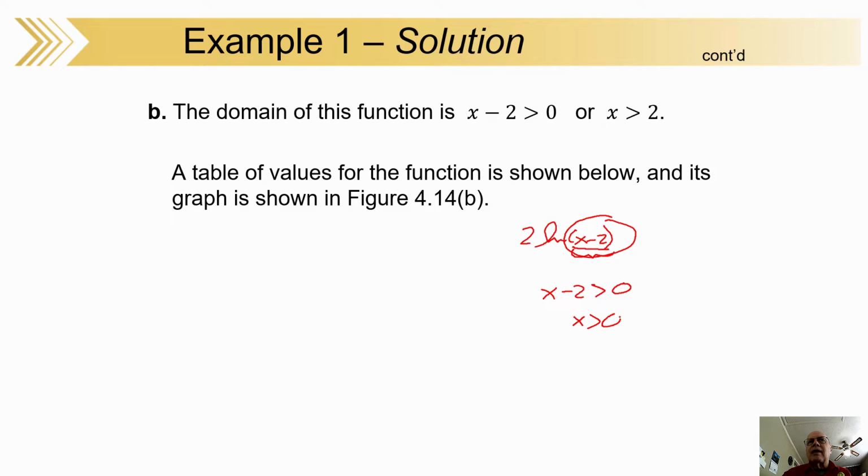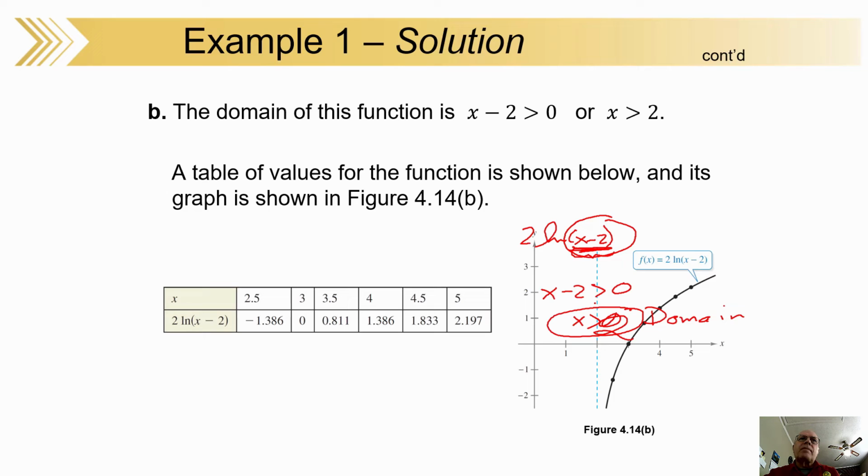Solve for x, and there's your domain. Let's see what the argument is. What does it have to be? For a logarithm of any kind, it has to be positive. So set that argument greater than 0 and solve for x. There's your domain. You get a bunch of different points, and there's your graph.